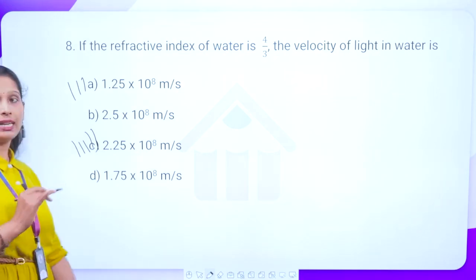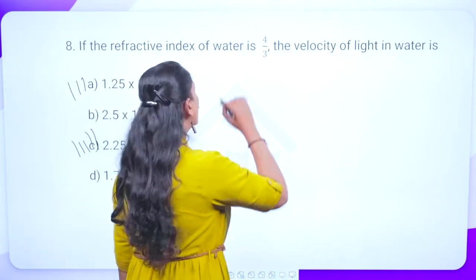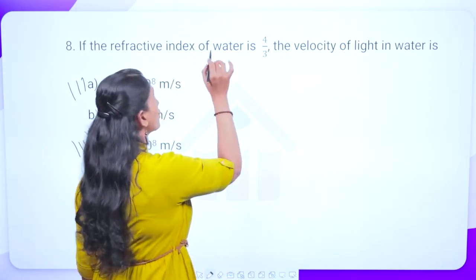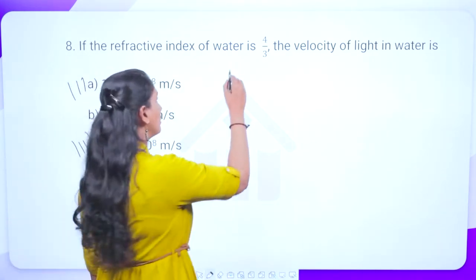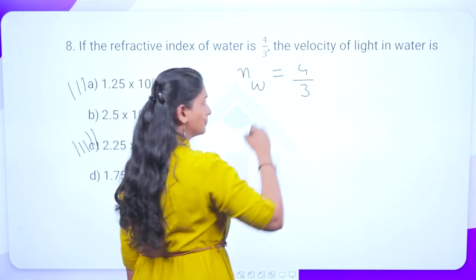Fine. So let me explain this. Then we'll get back to the options. So we know that the refractive index of water is given to be 4 by 3. That is N of W is 4 by 3.